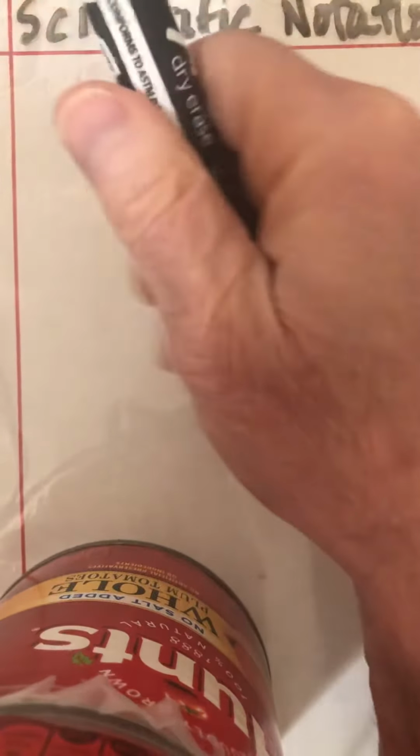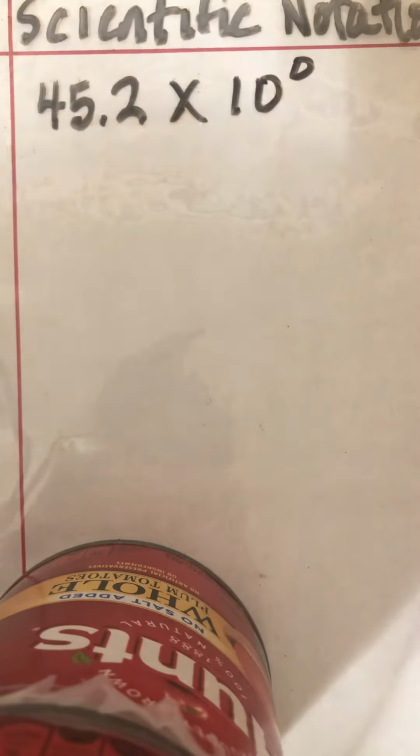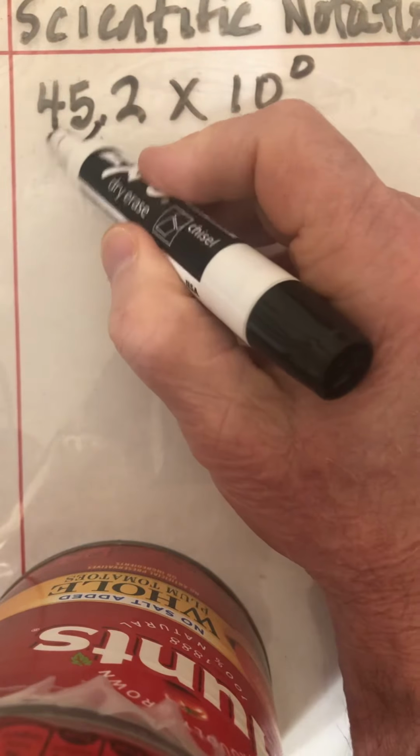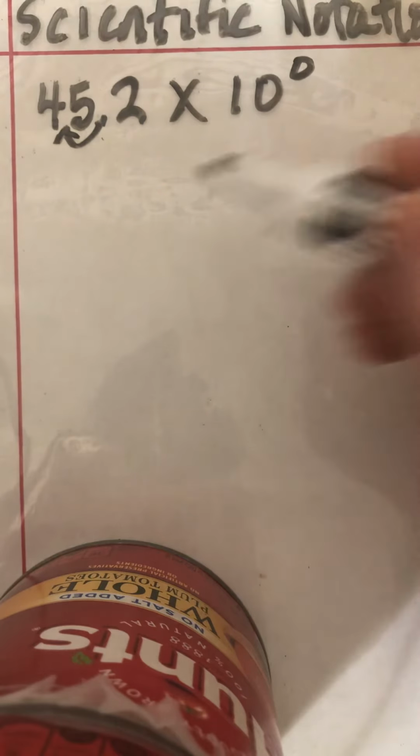So the next problem that we're doing is going to be 45.2. If I write that in some form to get it to where I can do scientific notation, I look at 45 is way bigger than 10, so I need to move my decimal over 1, which is dividing by 10.